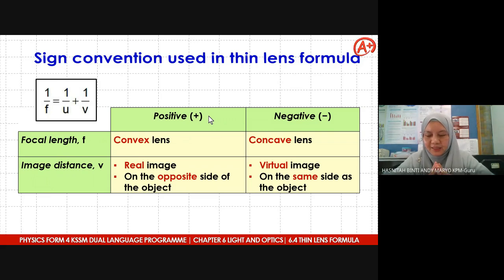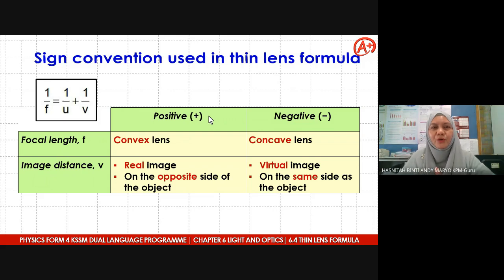Okay, and students, for focal length, remember for convex lens it has positive focal length. I repeat, for convex lens it has a positive focal length, meaning it has a real focal length. Meanwhile, for concave lens it has negative focal length. The focal length is virtual.